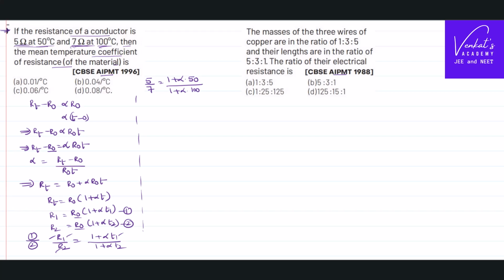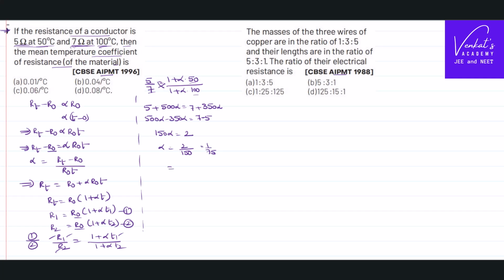Let us cross multiply: 5 plus 5 into 100 is 500 alpha, equal to 7 plus 7 into 50 is 350 alpha. So 500 alpha minus 350 alpha is 7 minus 5. So 150 alpha is 2, alpha equals 2 by 150, that is 1 by 75.